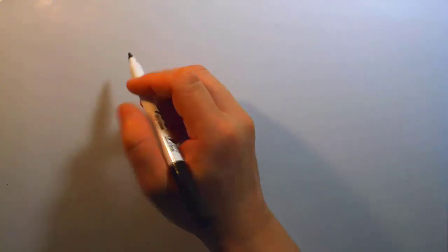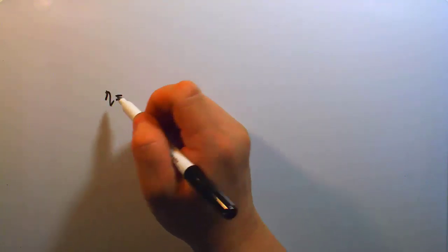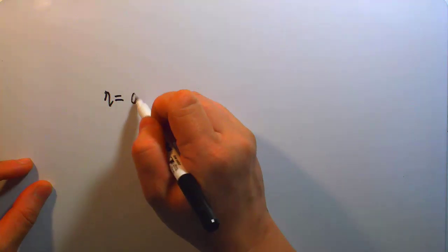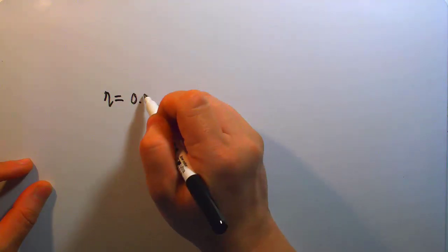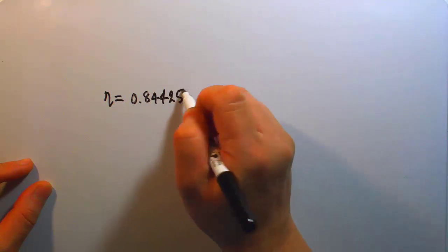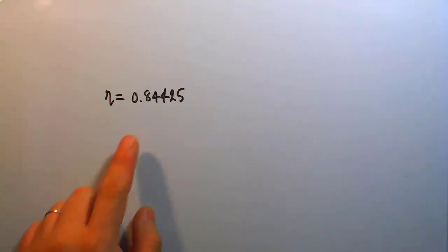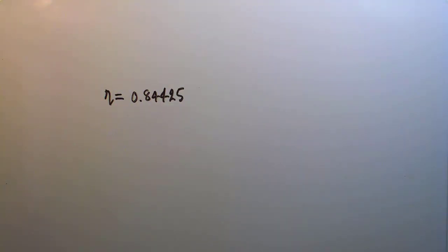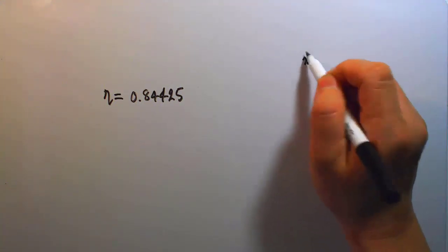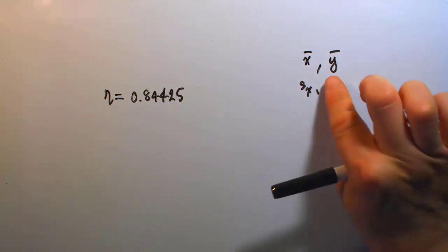And so now our correlation coefficient value, the really precise version, because of course the calculator has much stronger calculation power compared to us, R here in 5 decimals, usually that's what I go with, 0.84425. It is slightly off from what we calculated earlier, but this is a lot more precise due to the fact that your calculator takes into consideration each of those x bar, y bar, sx and sy.